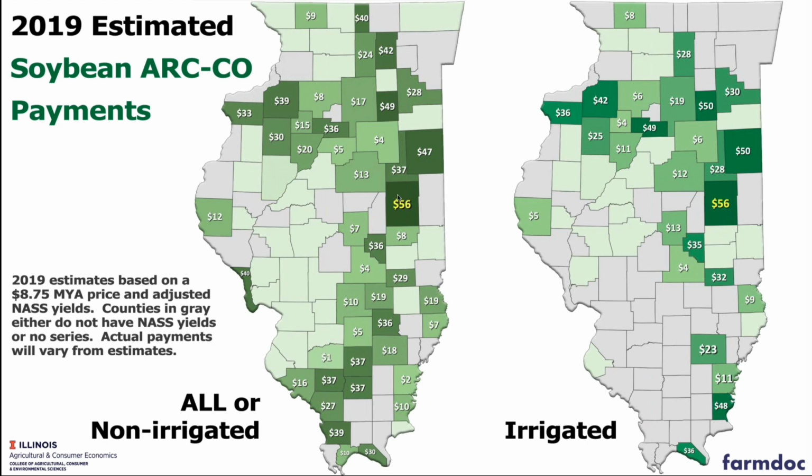So it would take a lot for that to knock down to zero this year. Then if you go into southern Illinois, you again see some pretty large payments down here. Again, these are estimated using the NASS adjusted yields, but this will give you a feel for where we're at as far as payments for those counties.